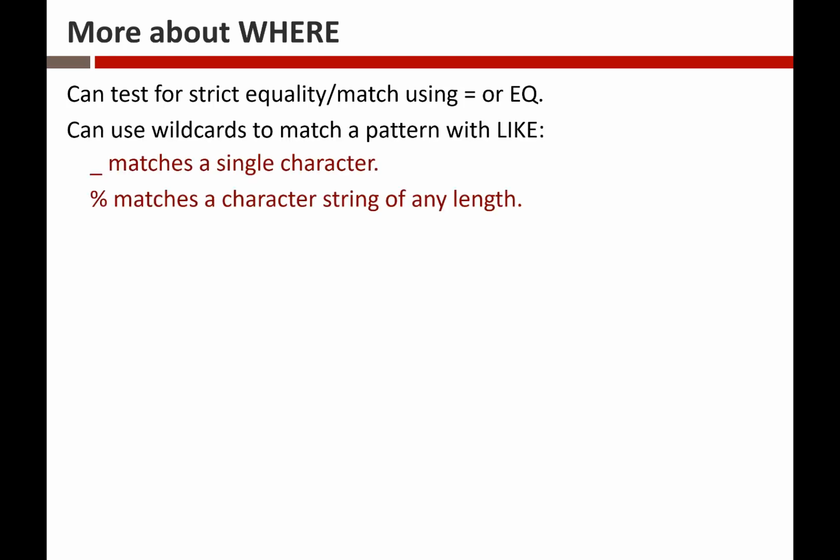You can use a wildcard by, instead of using the equal sign or EQ, doing LIKE. And in creating a LIKE pattern, an underscore matches a single character, and the percent sign matches a string of any given length. So you could do something like where ln like underscore t percent.